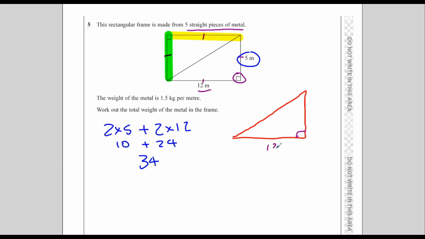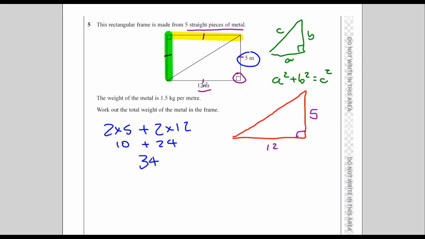So it's 12 across and 5 up. Pythagoras' theorem says if you've got a right angle triangle and the shorter sides are A and B and the hypotenuse, the diagonal, is C, then you always have A squared plus B squared is C squared.